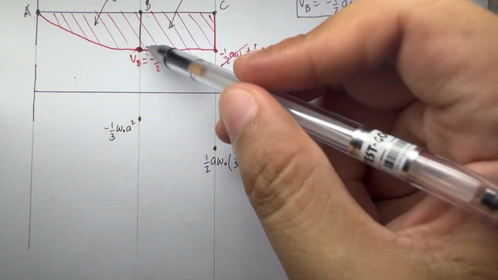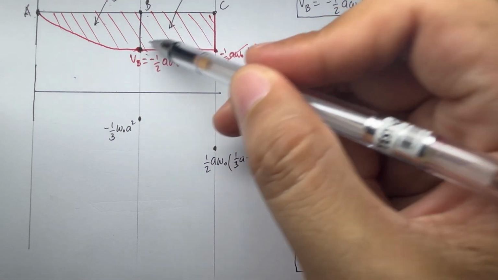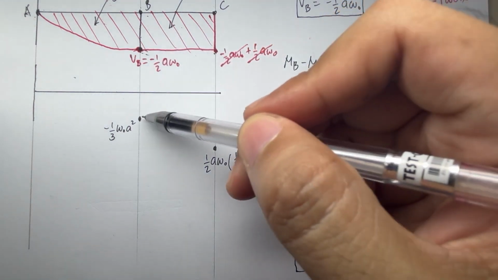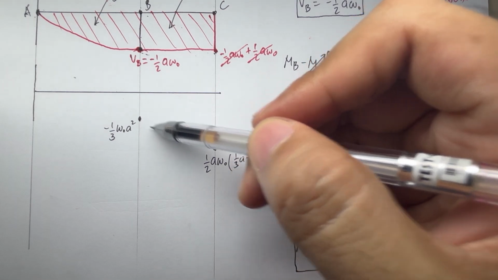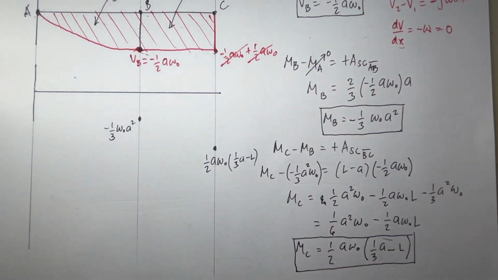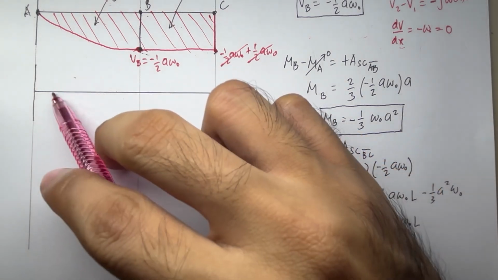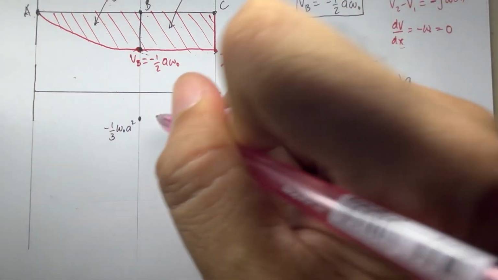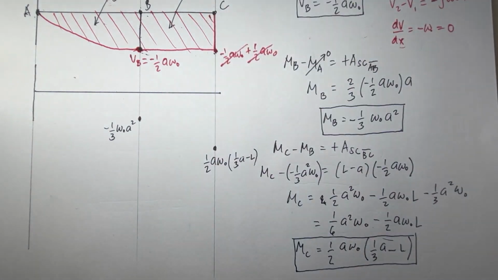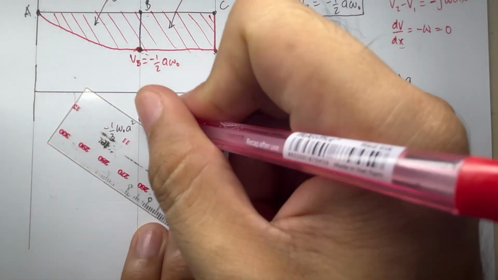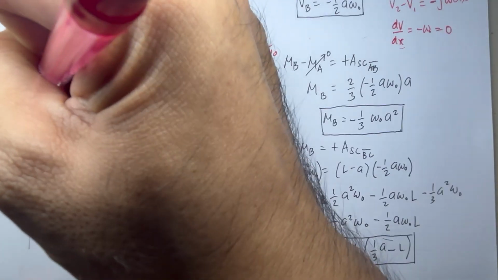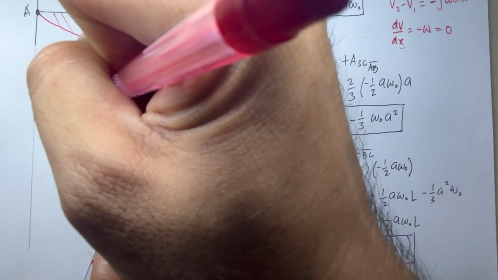Okay. So since we have a constant or flat line from B to C, the next graph would be one degree higher, which is a simple line. Knowing that the graph from A to B is to the power of 3, and this one here is a line, we just draw a line from here to there and create somewhat this graph.